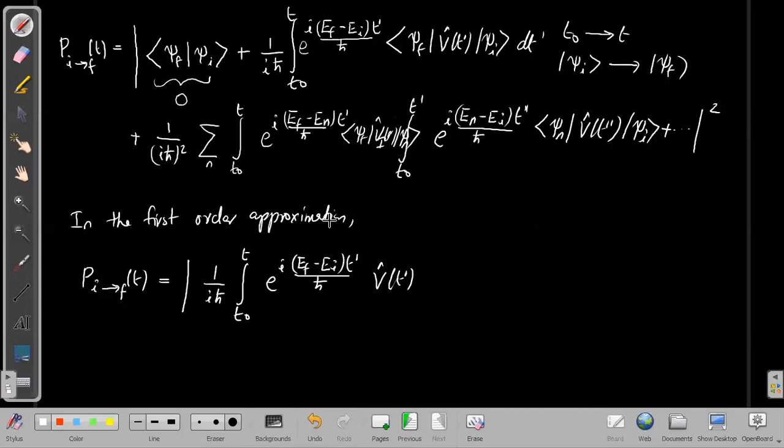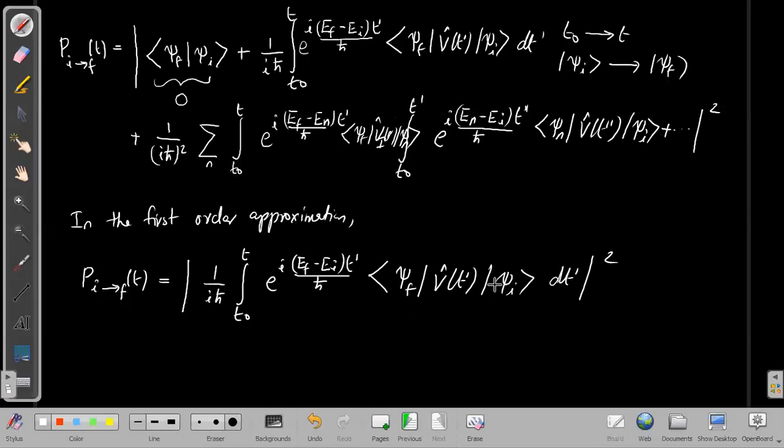Okay, so that's it. So therefore this should be inner product psi f V t prime psi i and dt prime, mod square.